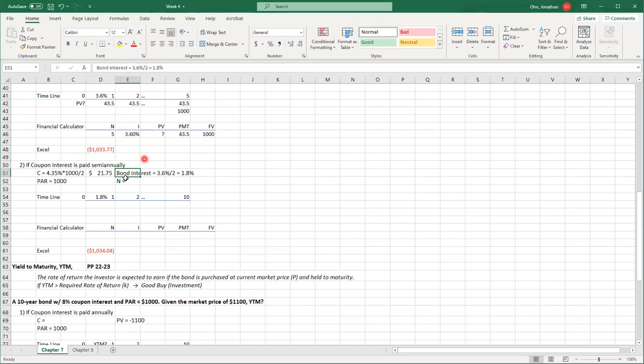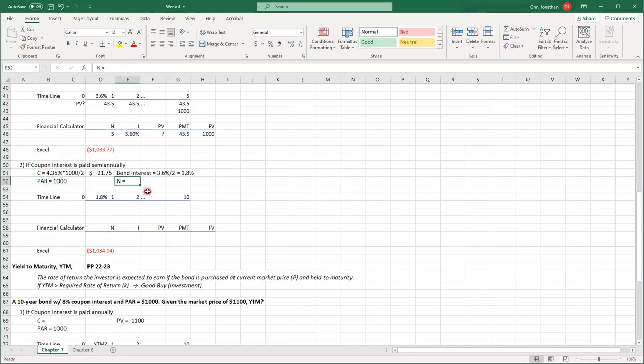Bond interest 3.6%. That is for 1 year, right? We have to make it a periodic, semi-annual rate. It is 3.6% divided by 2, which is 1.8%. This is the same adjustment here, right? Par value, you don't need any adjustment. That is the same.